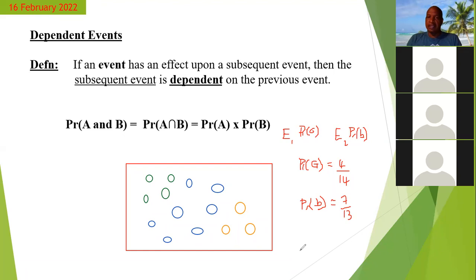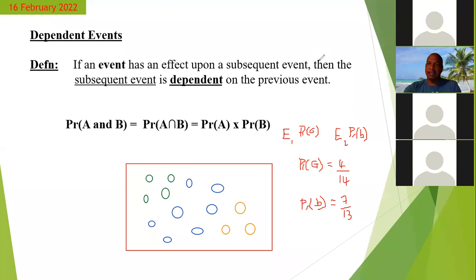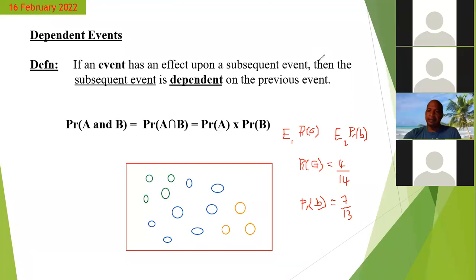So that's why it is dependent. All right, guys, is that clear to you? Yes, sir. All right, everybody, let me see your hands if you're okay with the concept of dependent event. All right, good guys.